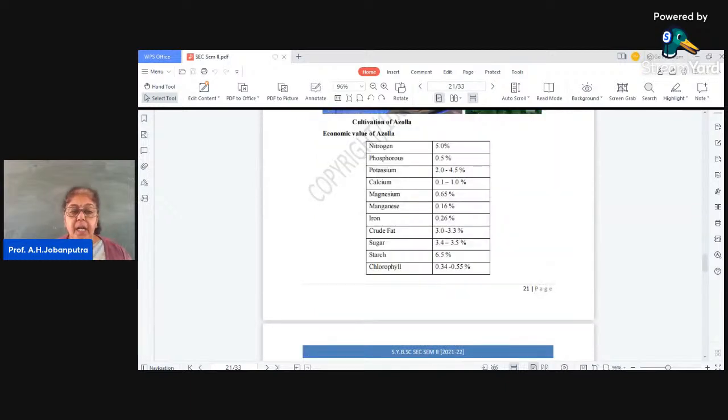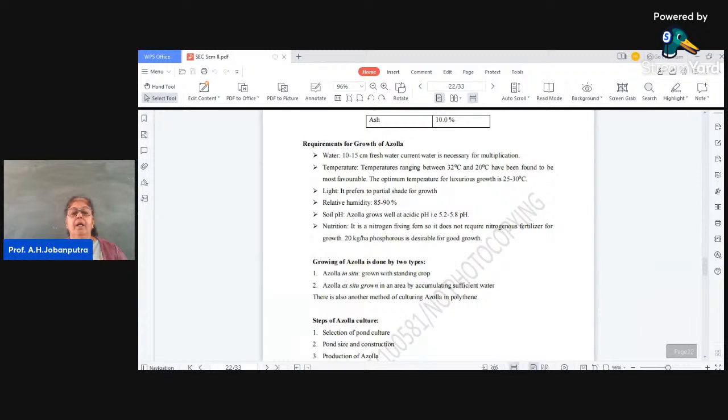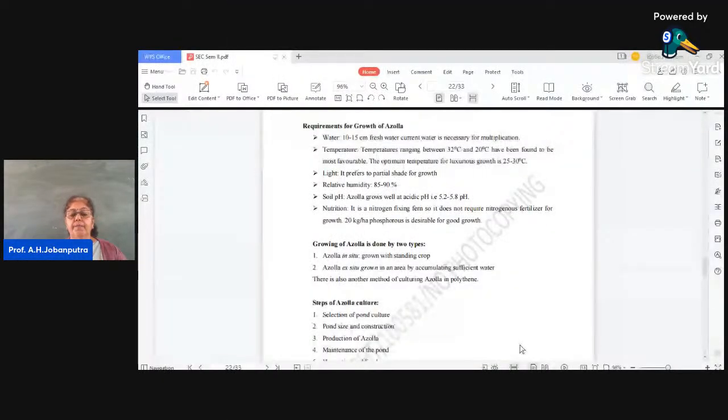Next, the nitrogen content in Azolla is almost 5%. The rest of the minerals are potassium, calcium, magnesium, manganese, iron. Some sugar, starch, and chlorophyll is also present. What are the requirements for cultivation of Azolla?